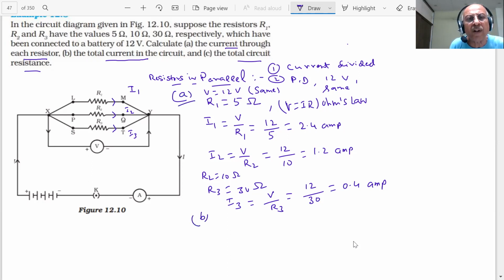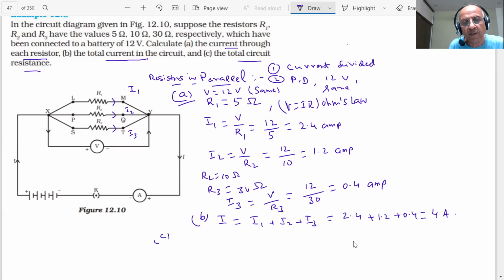What is the B answer, student? Total current. What will be the total current, students? I is equal to I1 plus I2 plus I3. 2.4 plus 1.2 plus 0.4. How much is it coming? So 4 amperes. Okay. What is the next part of it, student? The total circuit resistance.